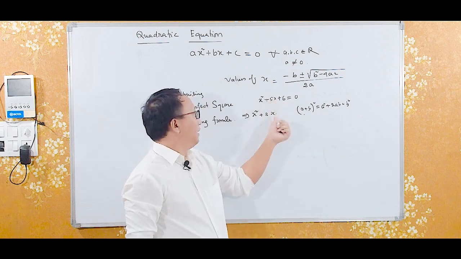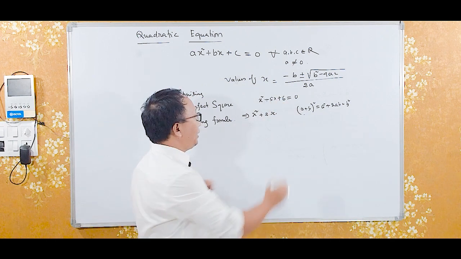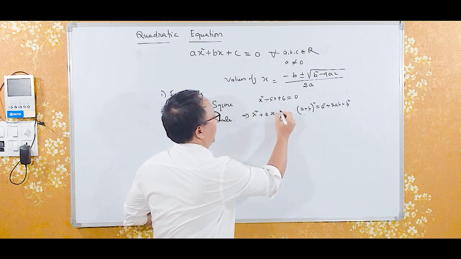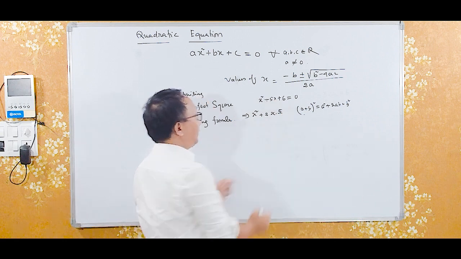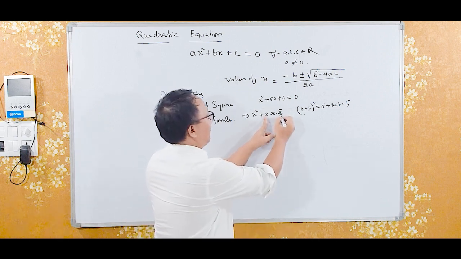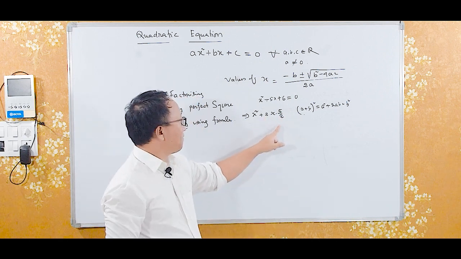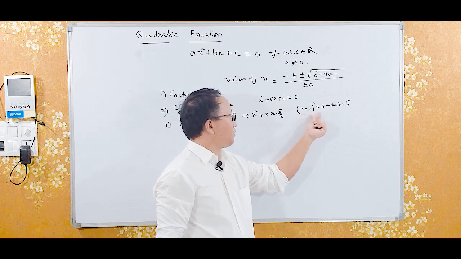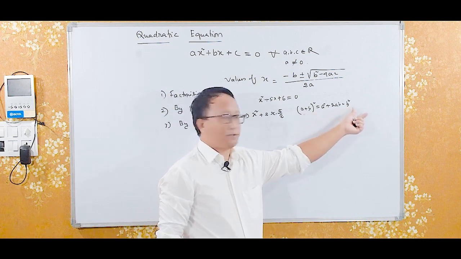So in order to get 5x, I need 5. Let me repeat again: (a + b)² = a² + 2ab + b².